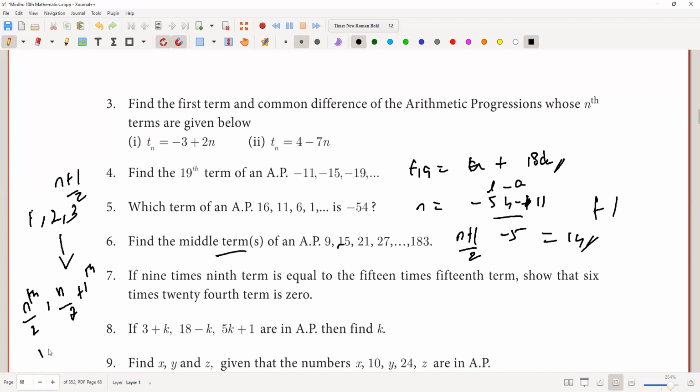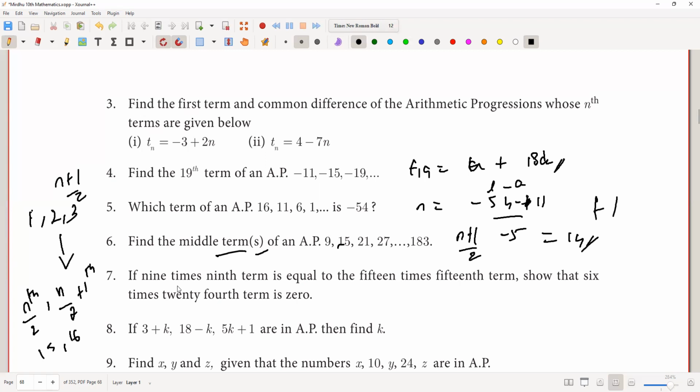So the 15th term and 16th term are considered as middle terms. That's why it is given as middle term or terms. If it's an odd number of terms, only one middle term will be there. If it's even, it will be totally different.